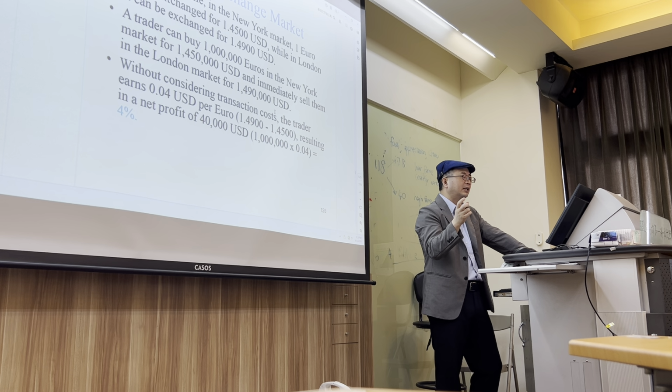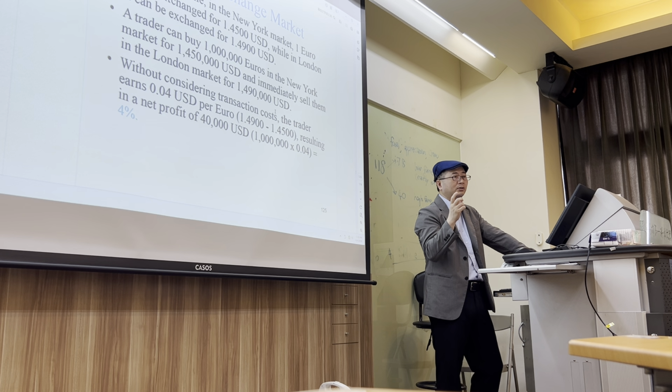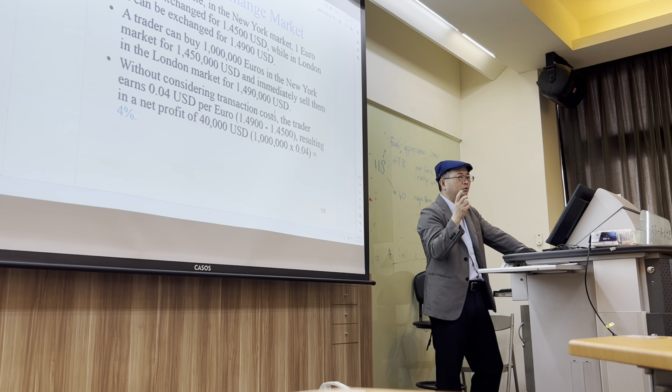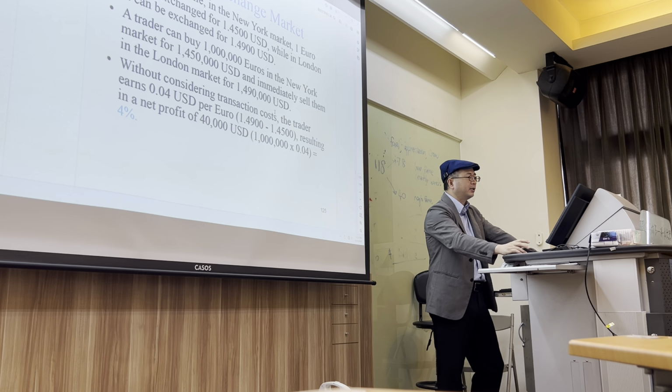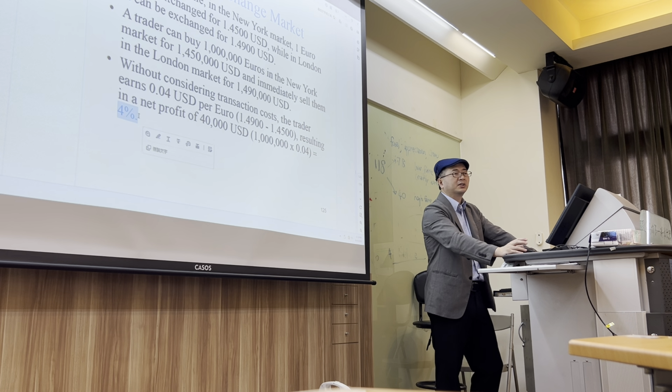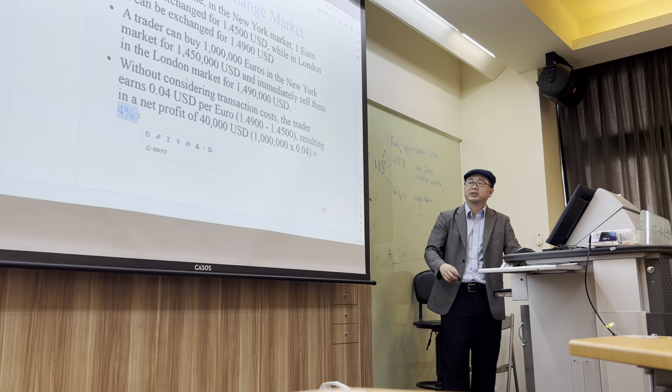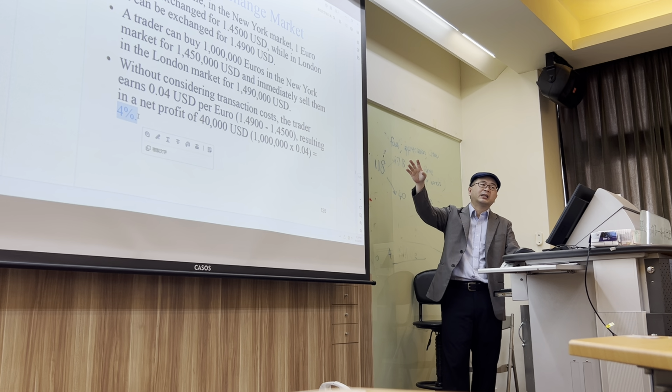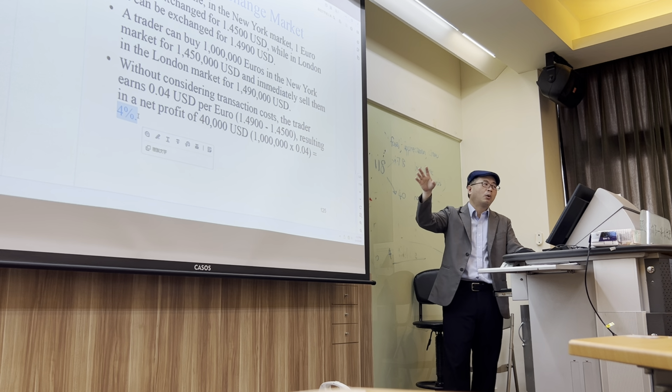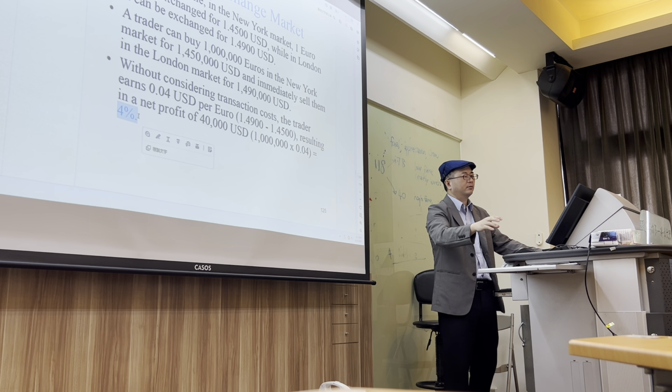The difference is about 40,000 USD. That's how much profit you can get. And if you want to convert it into a percentage, you just take 40,000 divided by the principal, which is 1 million, and you get 4%. So that's how you can get a return from one transaction.